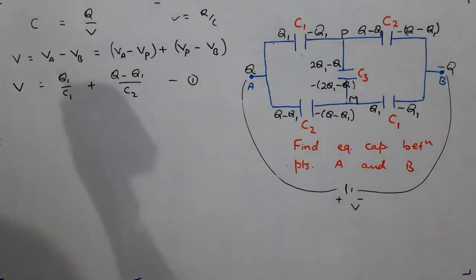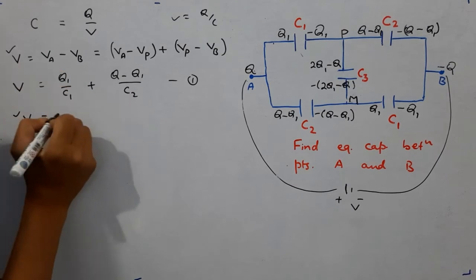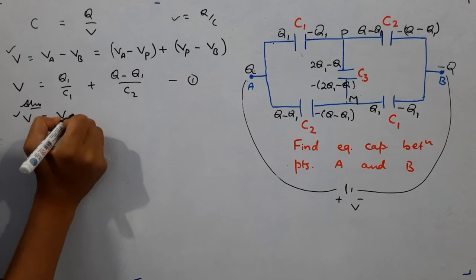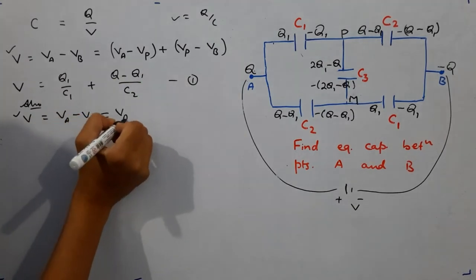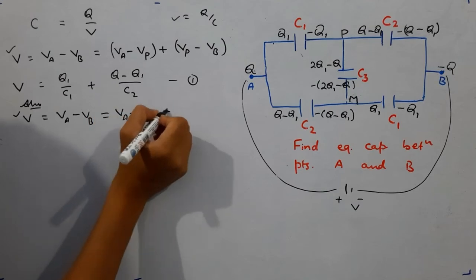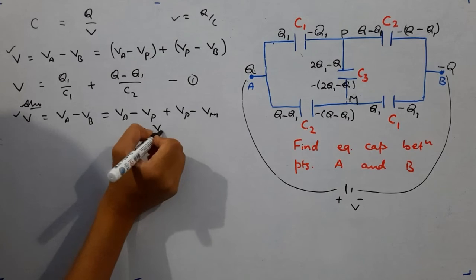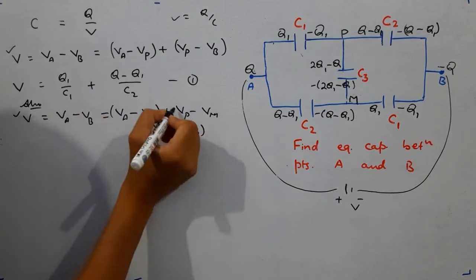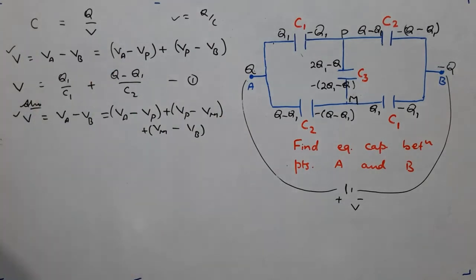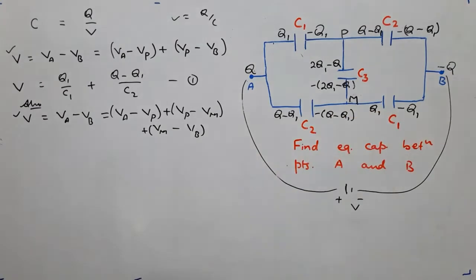Likewise, we will choose another path. This V, which is VA minus VB, so also this can be written as VA minus VB, and I'll choose another path like this, VA minus VP plus VP minus VM and plus VM minus VB. I have chosen this path, this one, this one, this one.